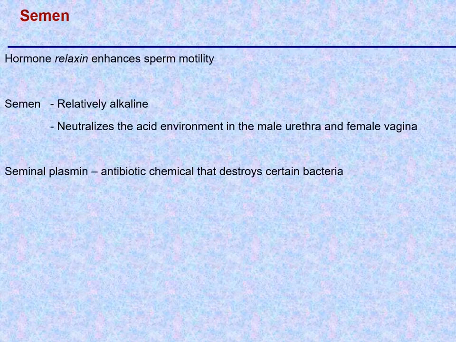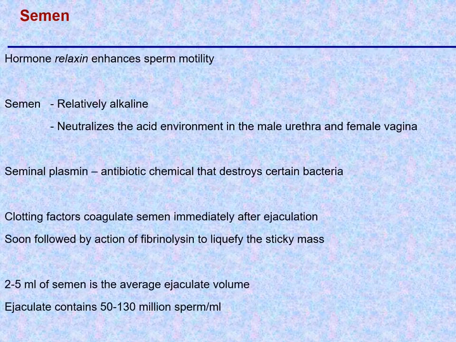The semen contains a hormone, relaxin, that helps sperm motility. It is, in general, relatively alkaline, again helping neutralize the acid environment in the male urethra and also in the vagina. I keep forgetting to leave out female. Obviously it's female in the vagina.